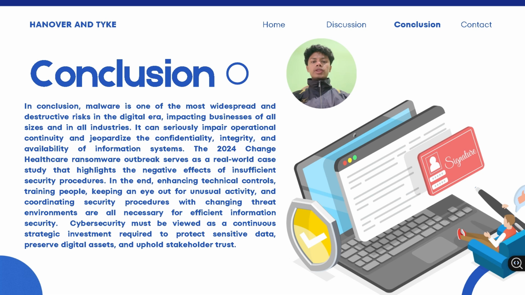The 2024 Change Healthcare ransomware outbreak served as a real-world case study that highlights the negative effect of insufficient security procedures. In the end, enhancing technical controls, training people, keeping an eye out for unusual activity, and coordinating security procedures with the changing threat environment are all necessary for efficient information security.